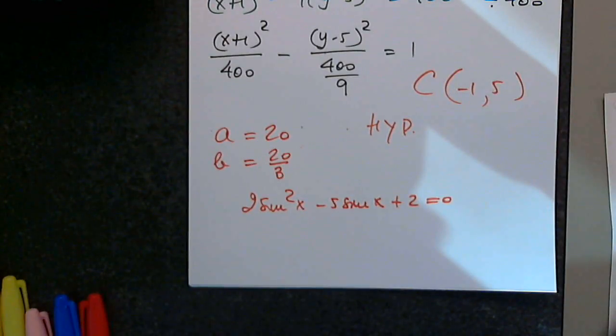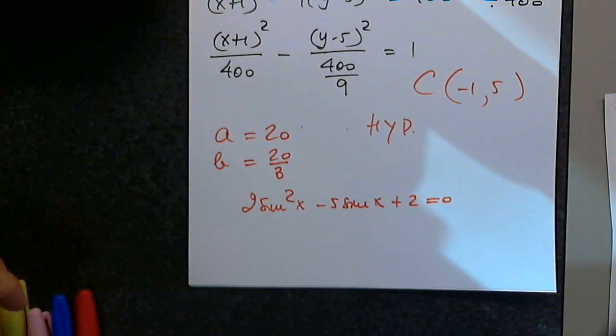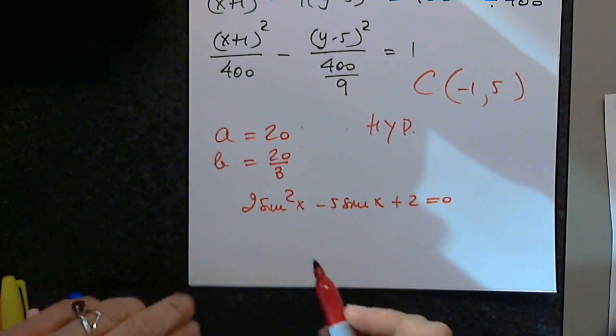What do I have to do first? After I identify that it's a trig equation, I have to say, well, actually it's quadratic as well. I have to factor based on sine x, or solve for sine x first, and then solve for x. I cannot directly solve for x. I have to solve for sine, and then for x. How can I factor this?